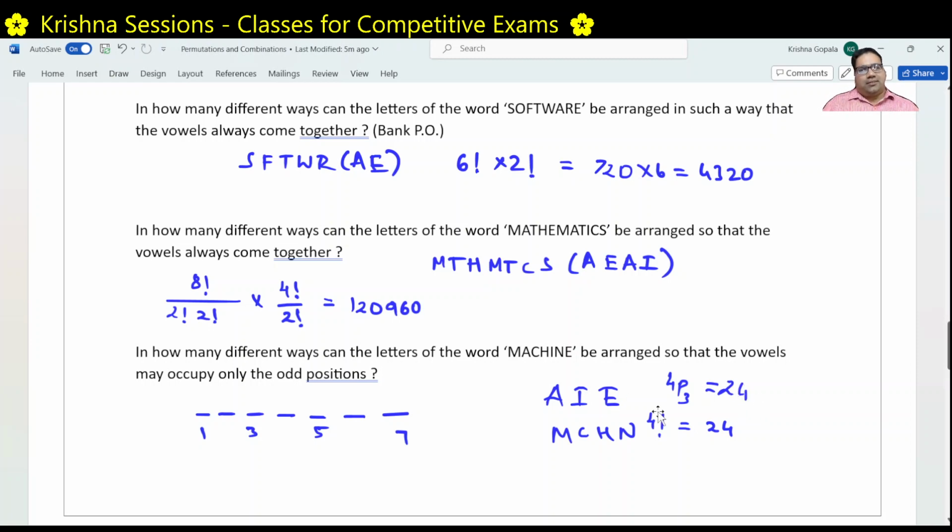We cannot fill all 4 slots, because there are only 3 letters. After these 24 ways of putting the 3 vowels in 135 or 357 or 157, whatever, the remaining 4 slots we can fill with consonants in 4 factorial ways. So 24 into 24, 576 is the correct answer.